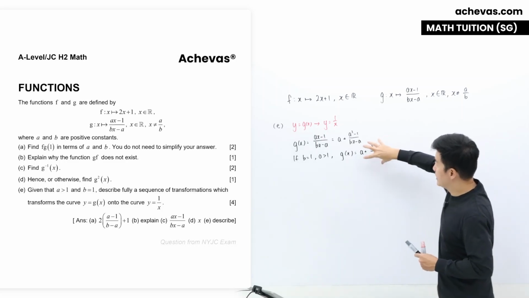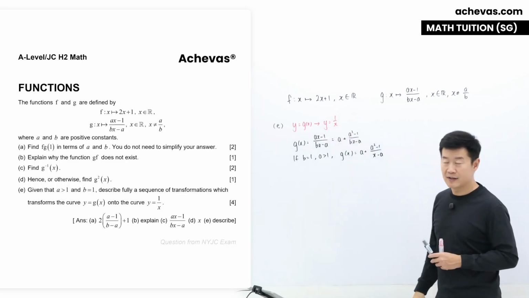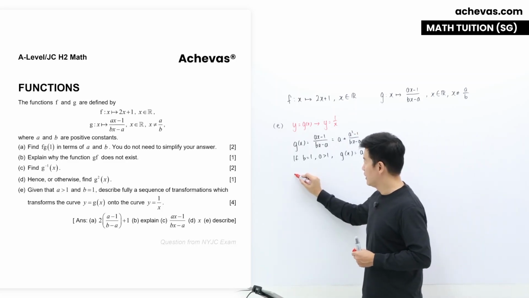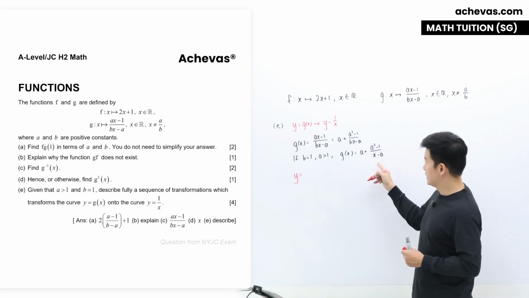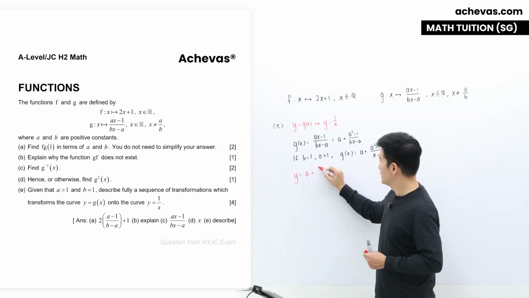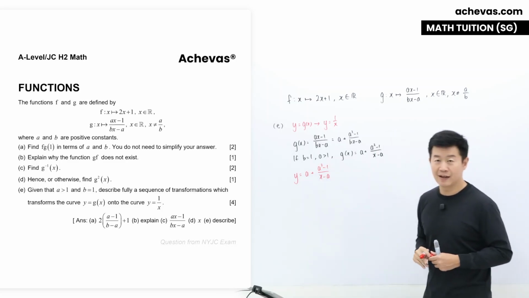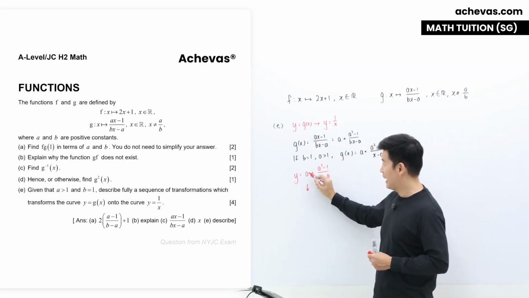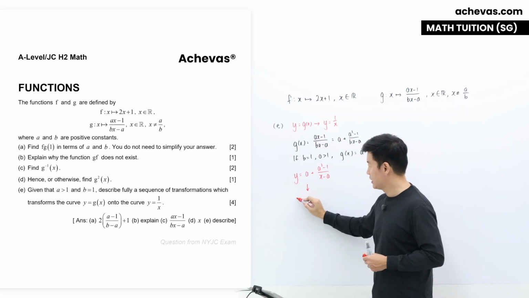So we're going to go from here to here, y = 1/x. So let's start. We have y equal to this in the beginning, a + (a² - 1)/(x - a). So we are going to minus a for this entire expression here.